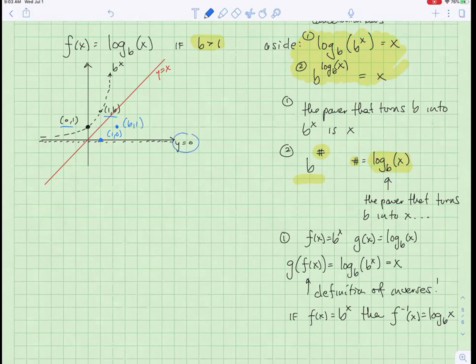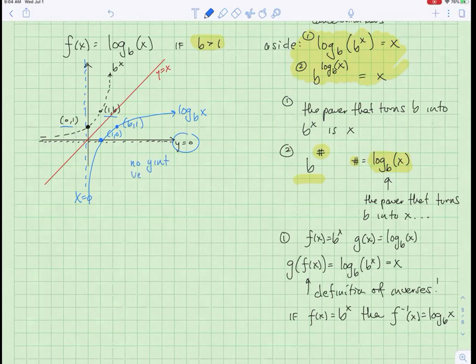And if this was y equals 0, then if we switch the roles of x and y, we get x equals 0 as our asymptote, and this is the mirror image. It looks like this, and this is log base b of x. And it has some properties, right? It has no y-intercept because its inverse had no x-intercept.